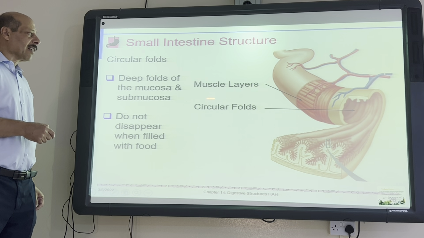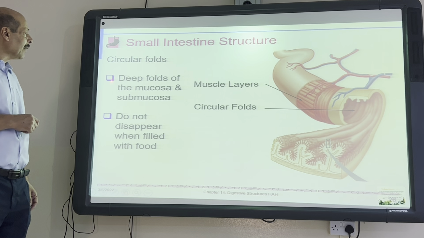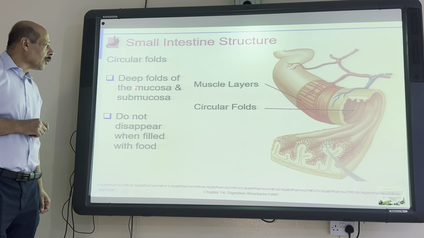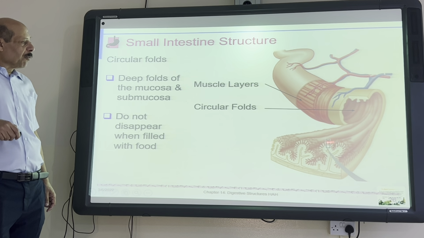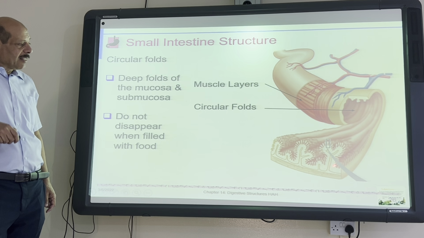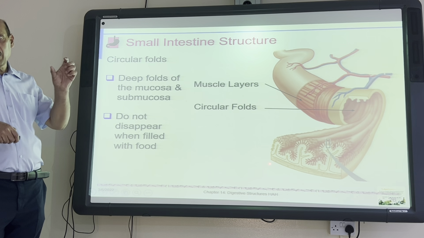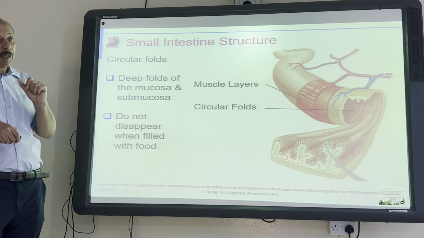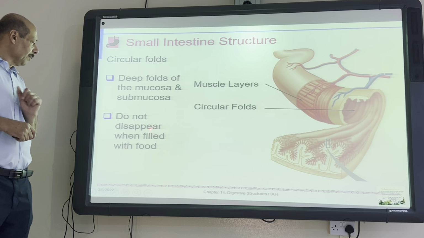The muscular layer has a circular layer, circular muscles, and longitudinal muscles. So there are also deep folds of the mucosa and submucosa. This is the mucosa, this is the submucosa. It consists, as we said, of 4 layers: mucosa, submucosa, muscularis, and then the serous layer.